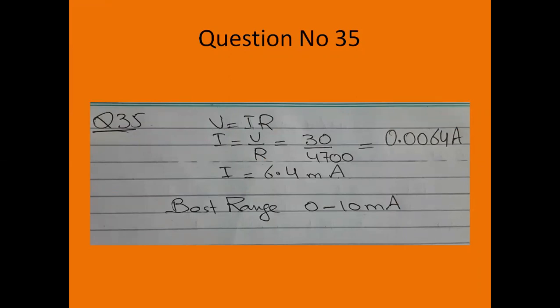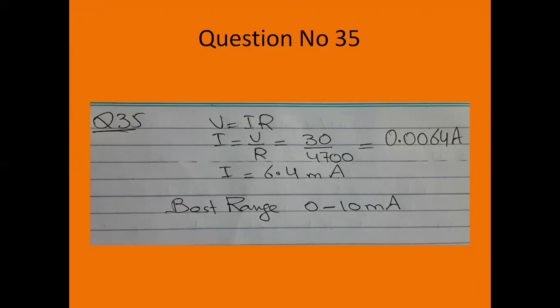V equals IR, so I will be equal to V by R. Voltage is 30. The resistance is 4700. So it will be 0.0064 ampere. And in milliamperes, you multiply it with 1000. So you will have 6.4 milliamperes. So the current flowing through this is 6.4 milliamperes.